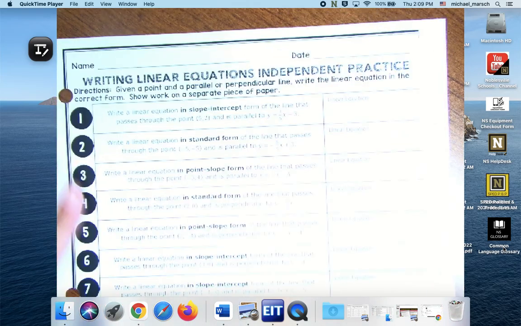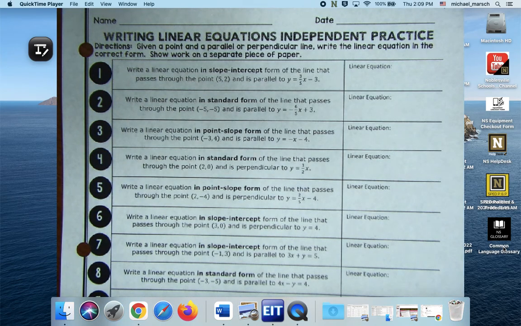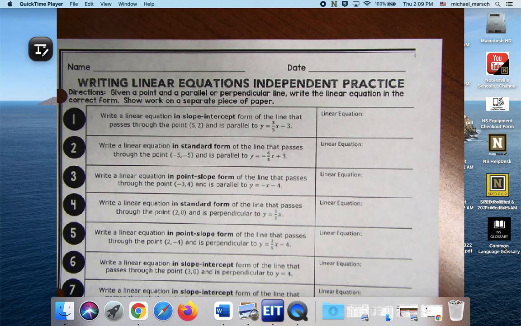So we have this practice page here. We have about 10 minutes.